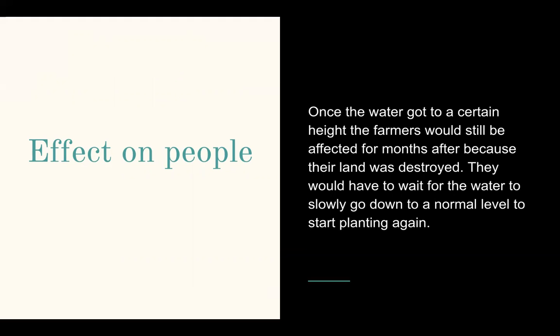So once their first crop was destroyed, even maybe next year's crop would be in harm because they couldn't plant until all the water went down, and that was taking months and months, and they were doing everything they could to try to prevent and get crops for next year, but it was still making it hard to plant.